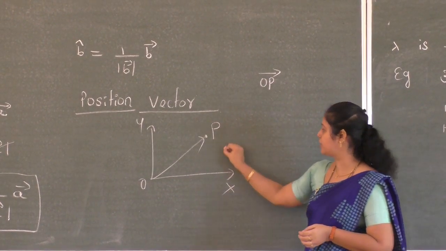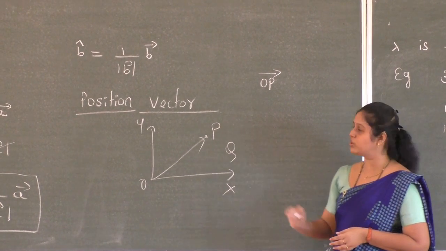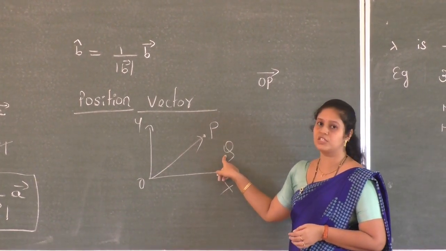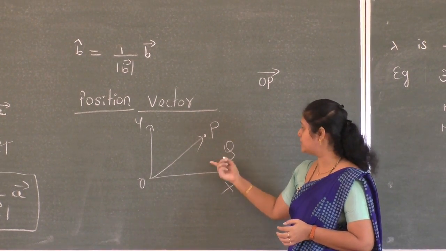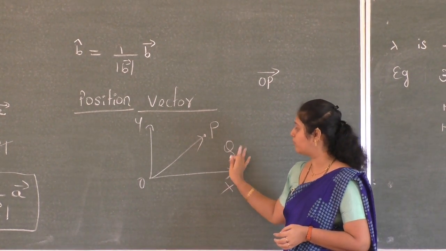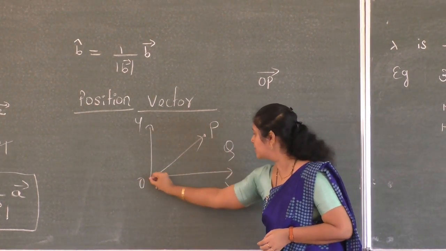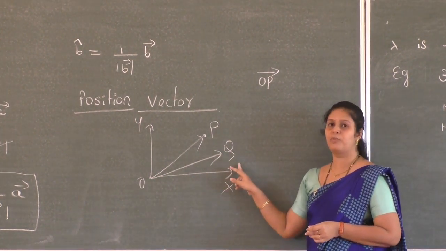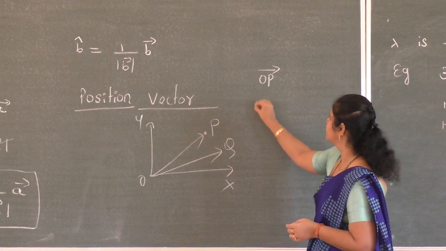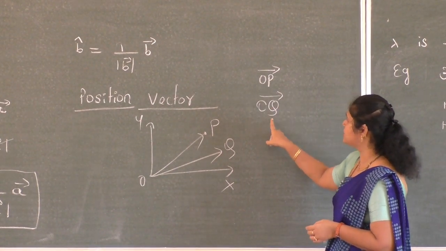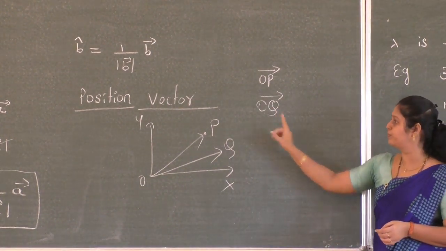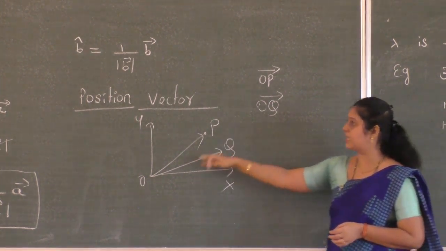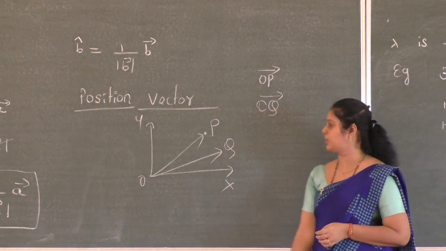Similarly, if I take Q as a point in the 2D plane, what is the address of this point Q? We tell the address with respect to the origin, that is, taking the origin O as the initial point and Q as the terminal point. So vector OQ is the position vector of the point Q. Similarly, we can take any point in a 2D plane and write its position vector.